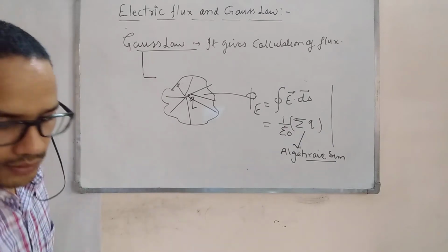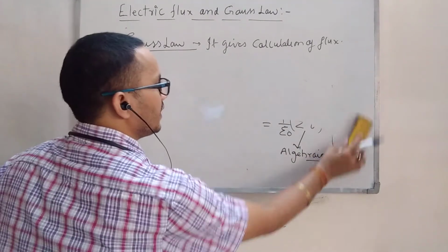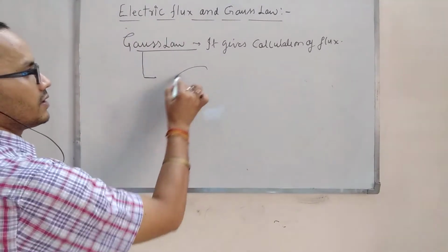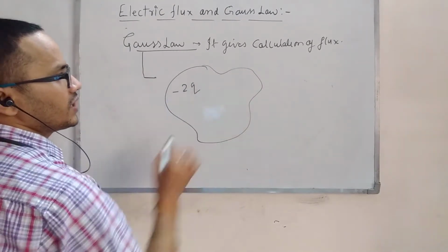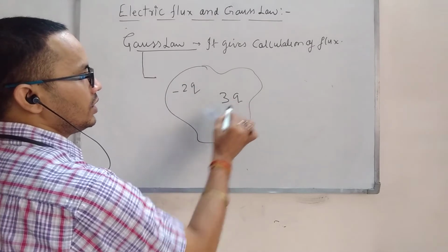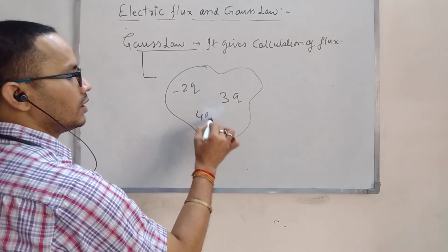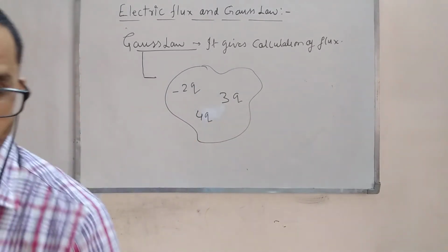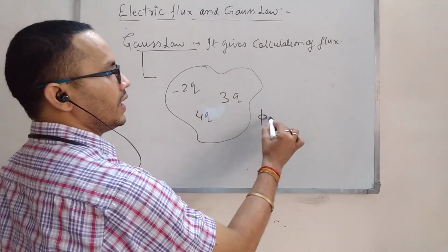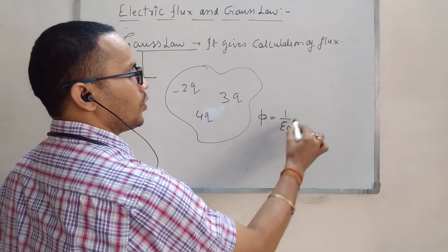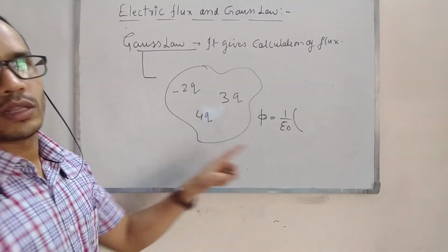If I consider this surface, okay, in this surface there is so many charges, minus 2q, 3q and 4q. And if I ask calculate the electric flux passing through this surface, then you will say phi is equal to 1 upon epsilon naught summation of all the charges.